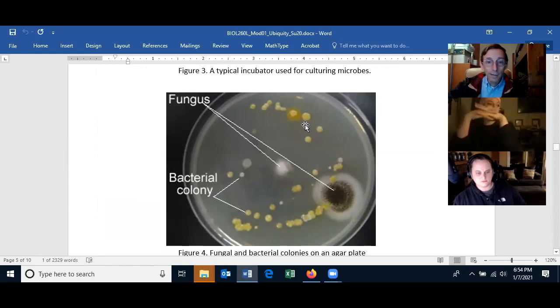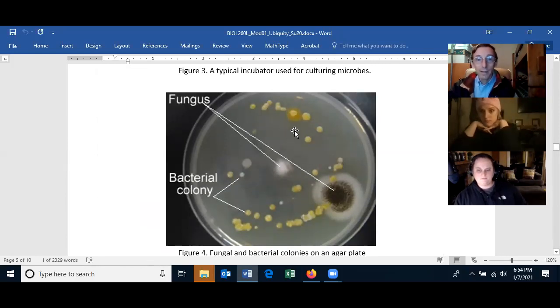So all of these little yellow ones are probably one species. That one's probably two. This is obviously a third species. That's a different color, so that's a fourth species. That's a different color, so that's the fifth species. And then that's a different color, so there's at least 6 different species on this plate.